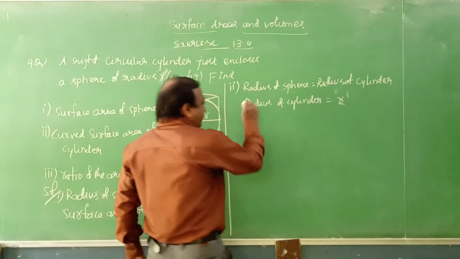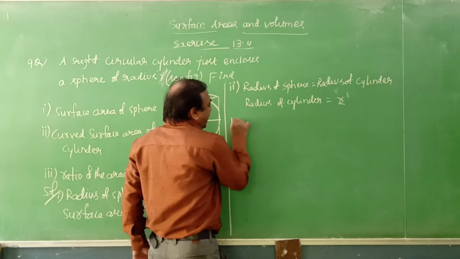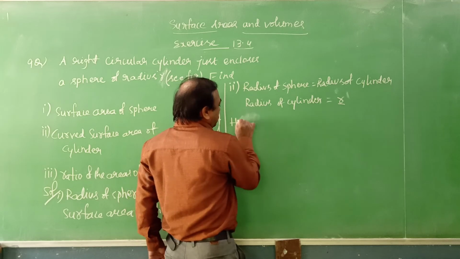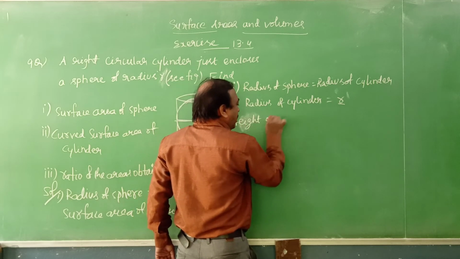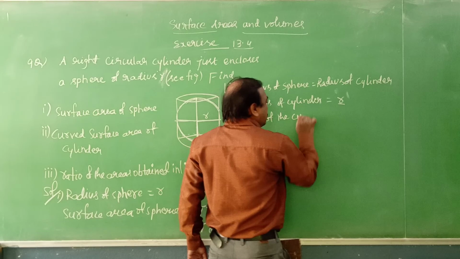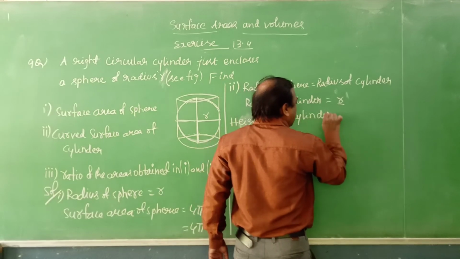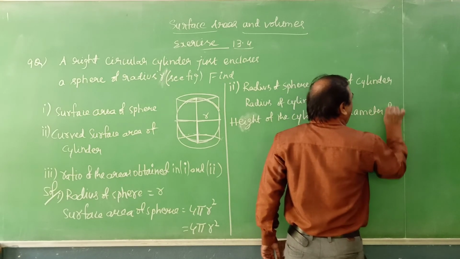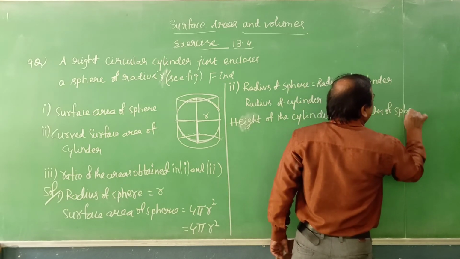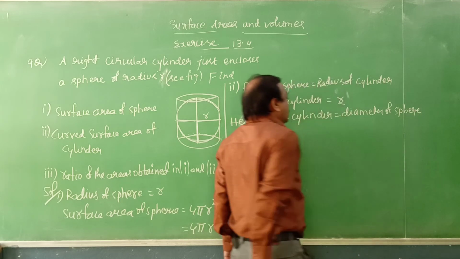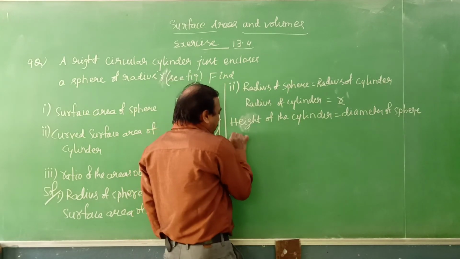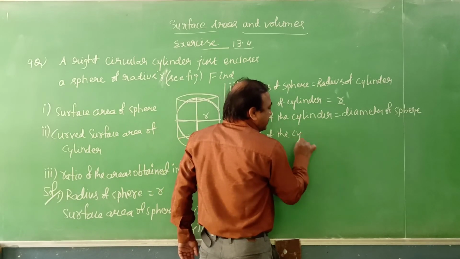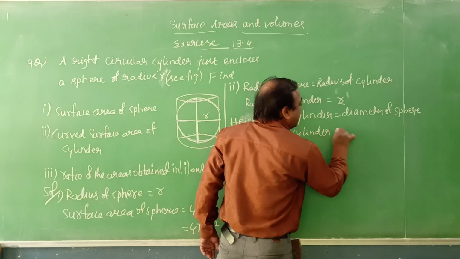So observe it. The height of the cylinder is equal to the diameter of the sphere.